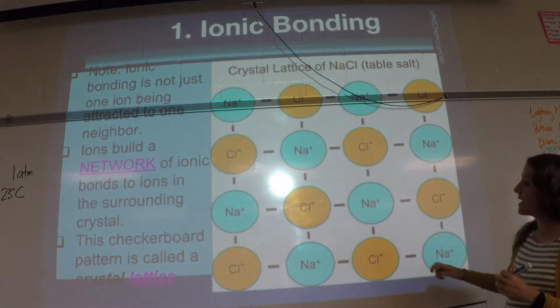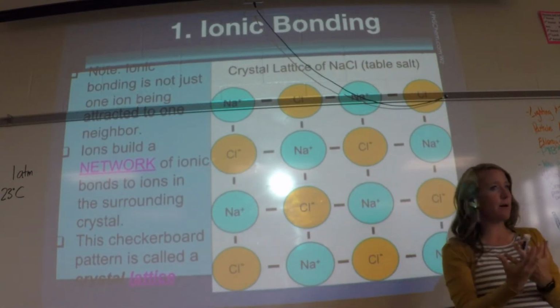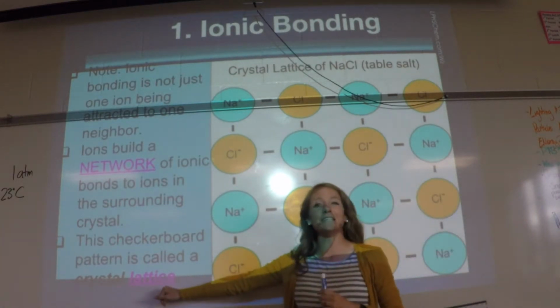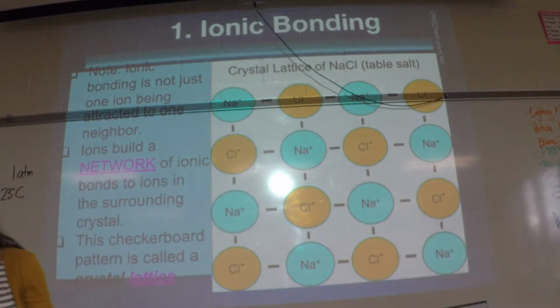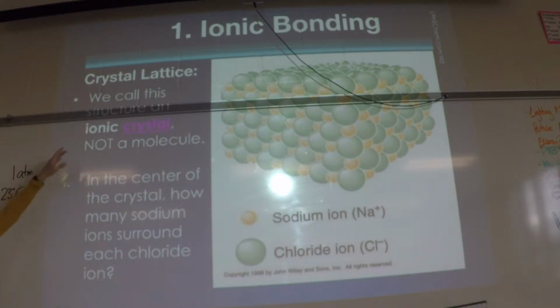What you end up with is a whole bunch of positive, negative, positive, negative, and all the positives and negatives are attracted to each other. This is often called a crystal lattice. That's why we call them ionic crystals.